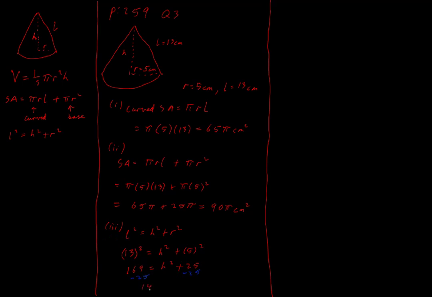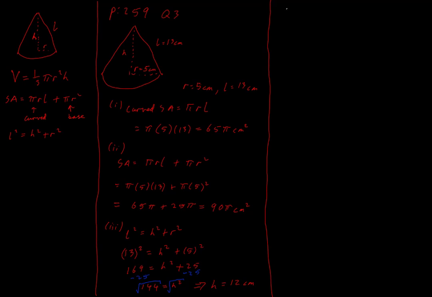And I get 144 is equal to h squared. To get h by itself, I need to get the square root of both sides. So h is going to be 12. And it's a length, so I'm going to have centimeters as my units.